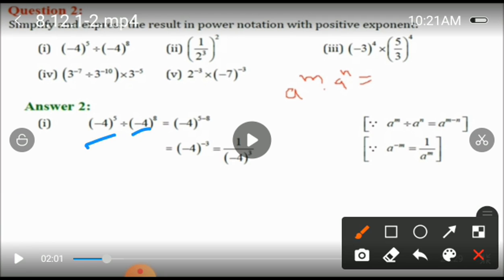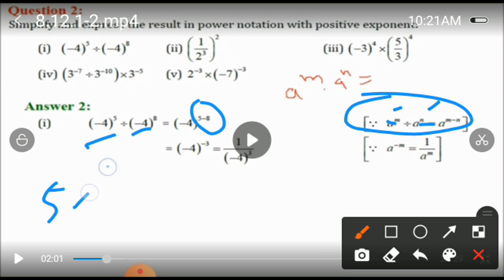In division, whenever the bases are common, with exponents m and n, we can put m minus n. That means 5 minus 8. Many students are still confused: 5 minus 8 is not possible.